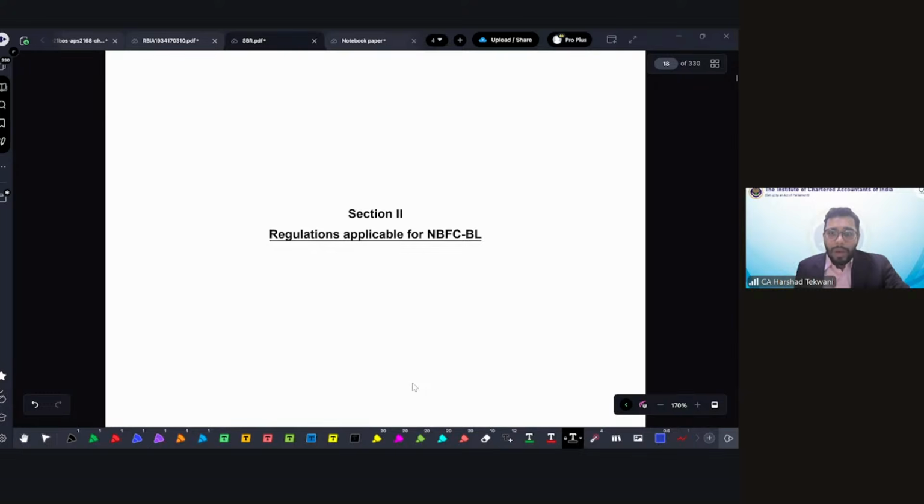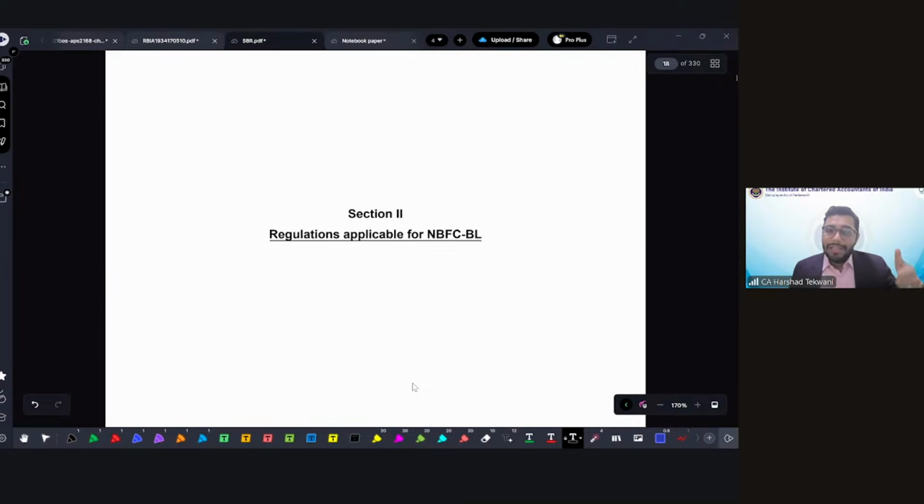Now that is one of the scenarios with respect to the layer part. Another thing is a few definitions. Before we deep dive into the regulations as per the layers, we need to understand a few definitions because these are important definitions that will be used throughout these regulations.